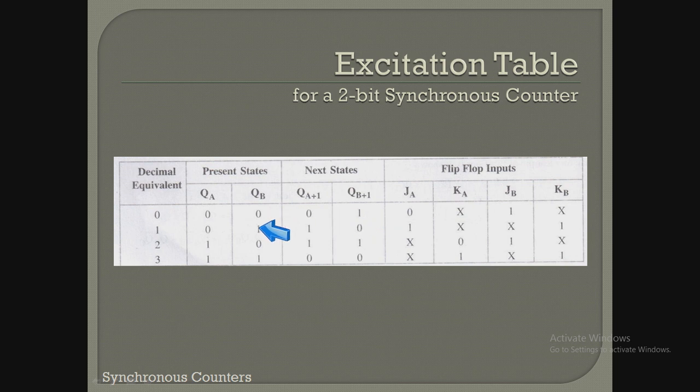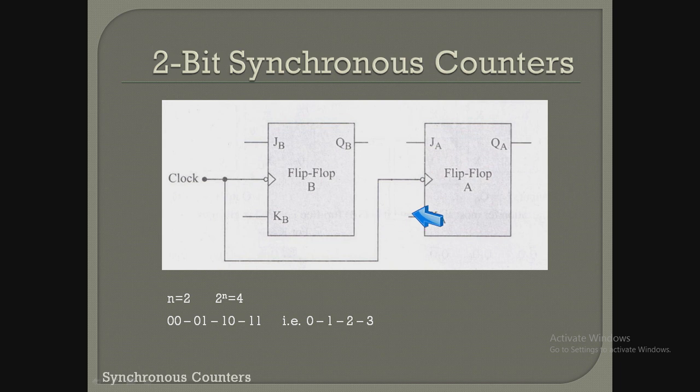So from 0 to 1. So for this kind of switching, first of all, we can set it to 1. So for setting, J should be 1, K should be 0.